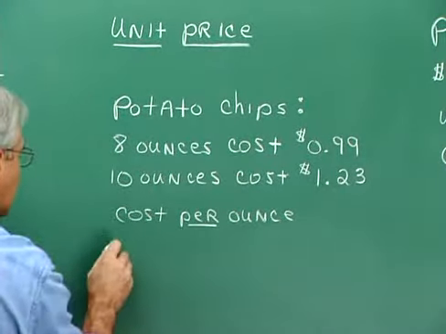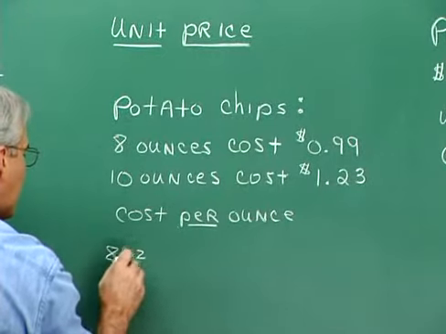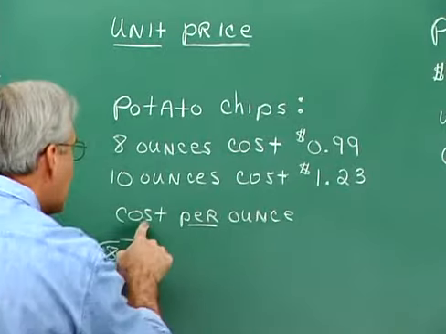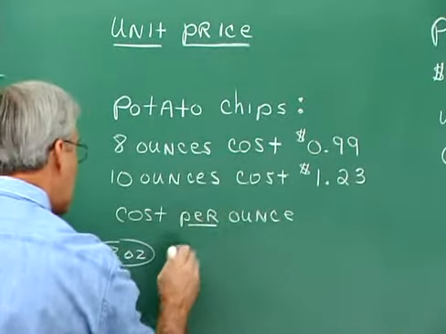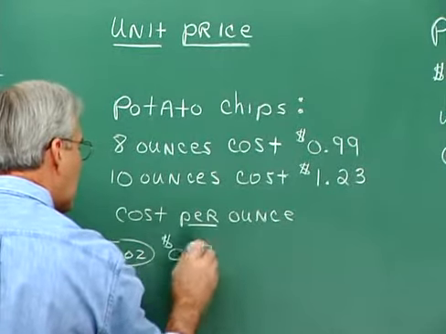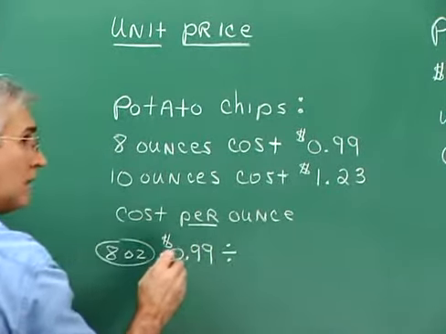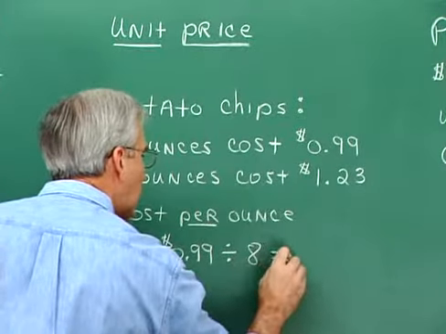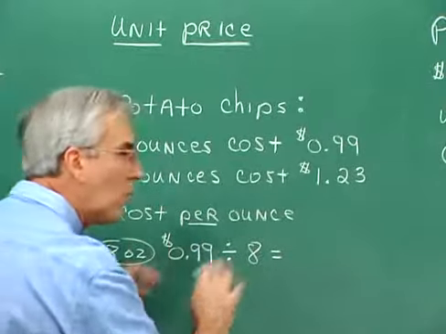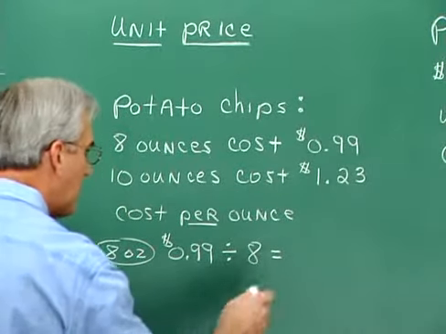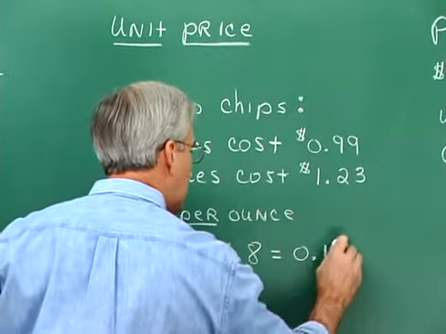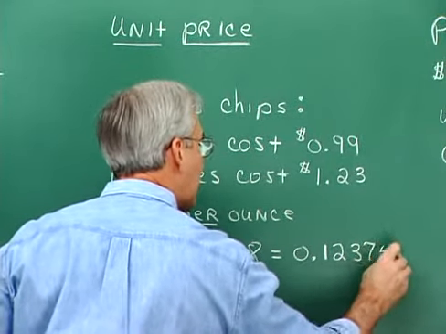So for the 8-ounce package, I'm going to just make a note like this. Cost per ounce, well, that would be 99 cents divided by 8. Once the division is accomplished, and we're not going to go through that part, but we can use the calculator or we can do it by hand, we'll find out that it is 0.12375.